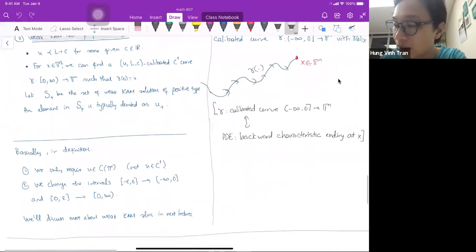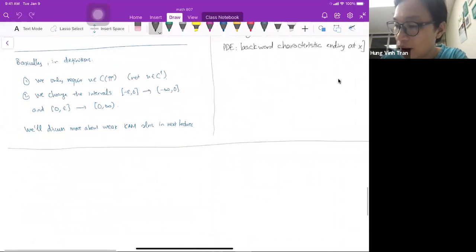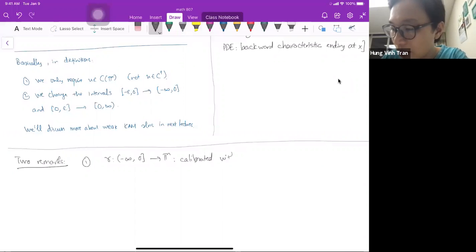You might wonder what I'm doing here, so let me give you two remarks before we end. The first thing is gamma going from minus infinity to 0 to the torus. It's calibrated, with gamma 0 equals x.